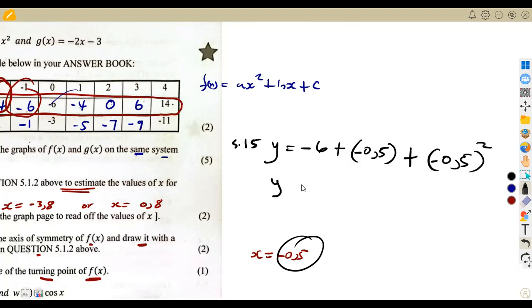So we are just substituting as it is. By substituting this, it gives us the value of y at the turning point. That was what the question was asking you to do.